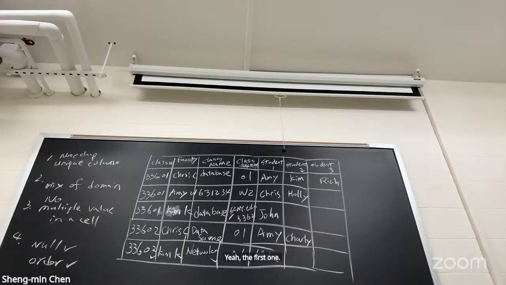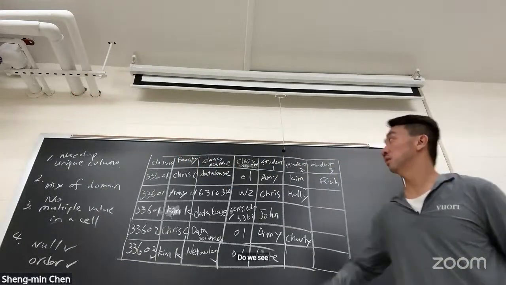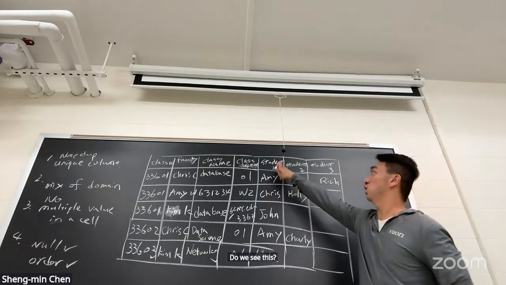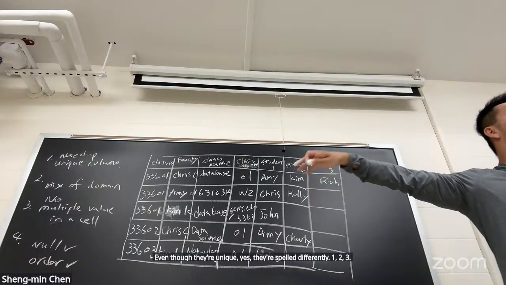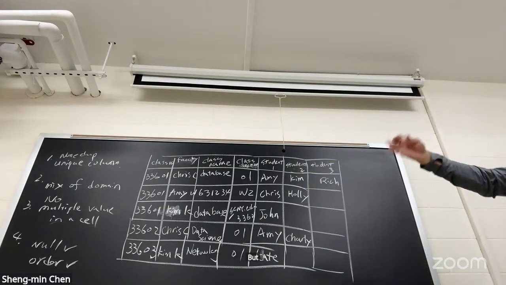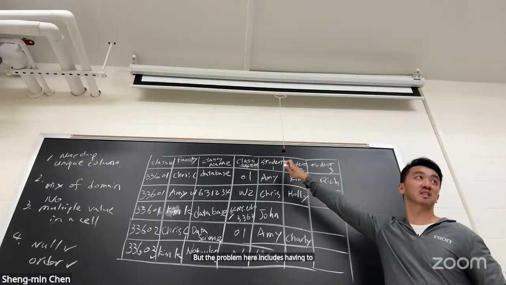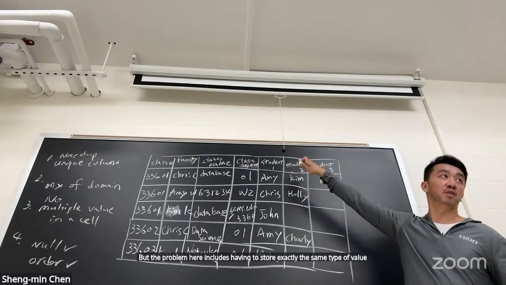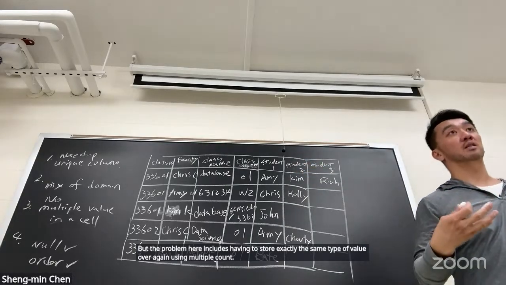These three problems. Even though they're unique, they're spelled differently, 1, 2, 3. But the problem here includes having to store exactly the same type of value over again using multiple columns. That's considered the duplicates, right?